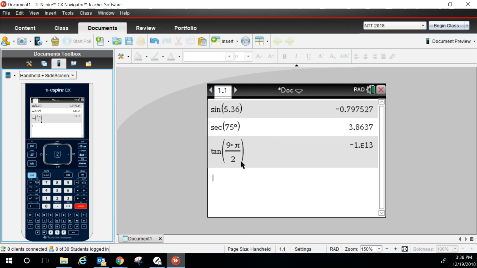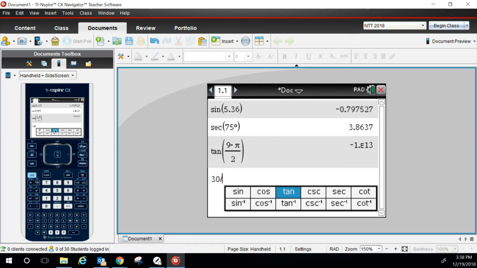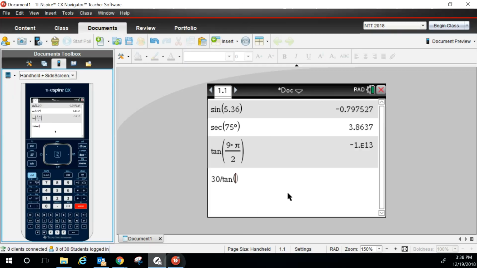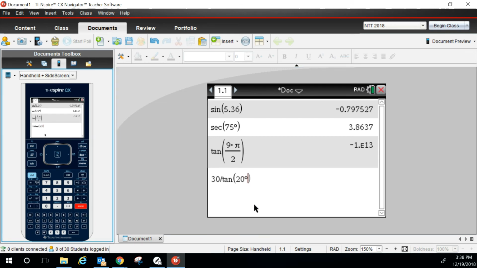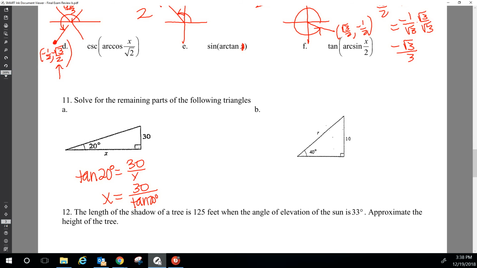So when we plug that into our calculator, we want 30 divided by tangent of 20 degrees. So 20, go down to your pi symbol, look for that degree, put it in there, and when you hit enter, it's going to tell you 82.4 roughly.